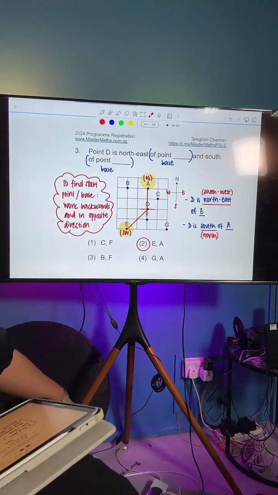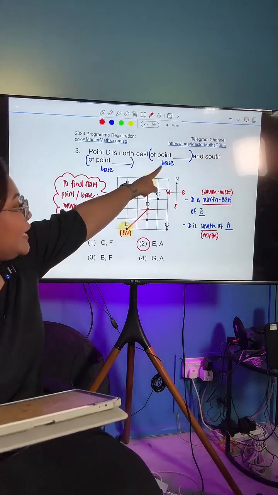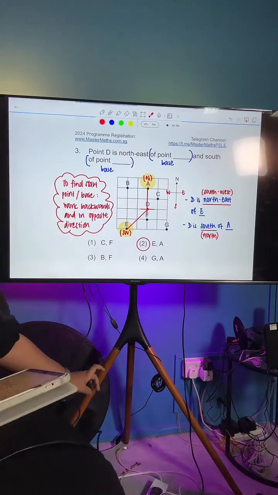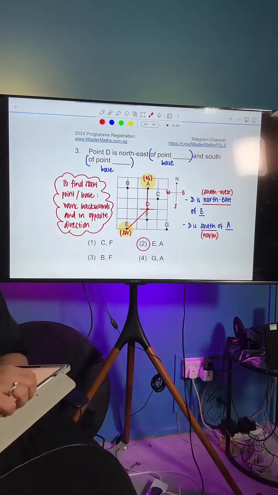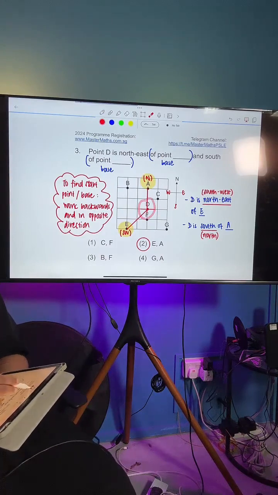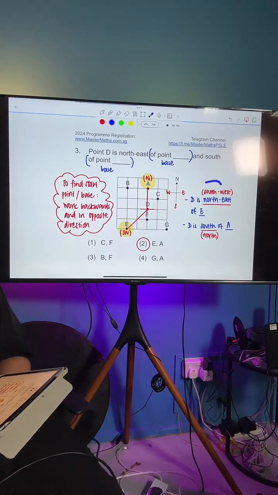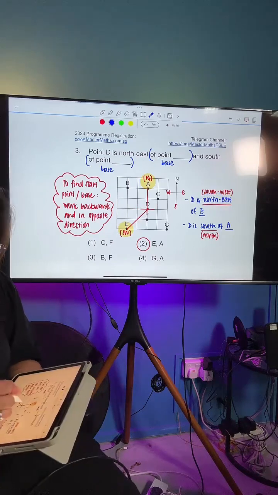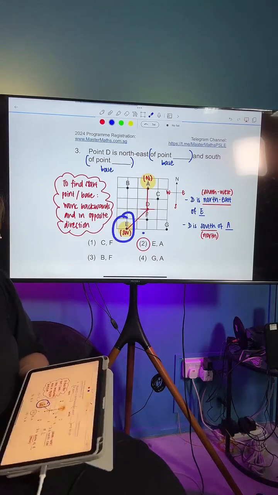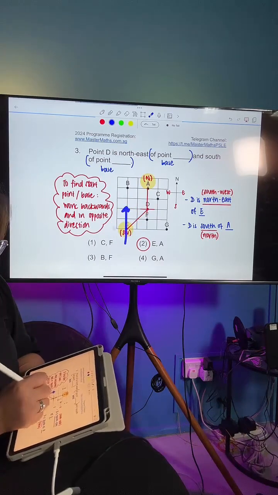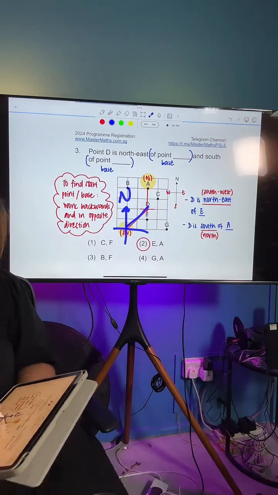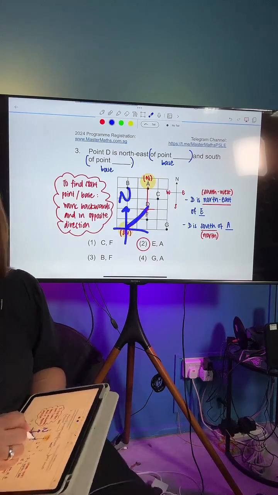To find the starting point, we work backwards in the opposite direction. If we start from D and want northeast, the opposite is southwest. So look for southwest, which is point E. If you double check and draw the compass, this is north, that will be northeast. So D is indeed northeast of point E.